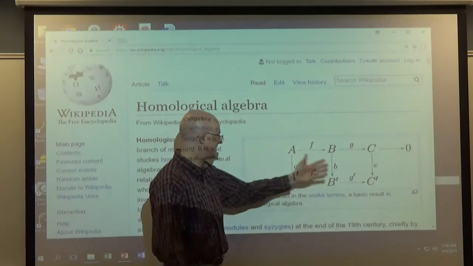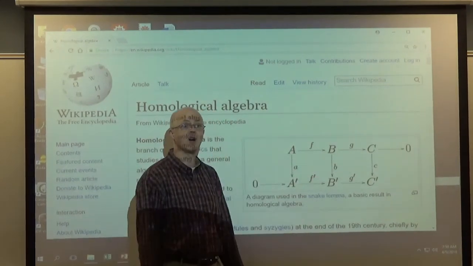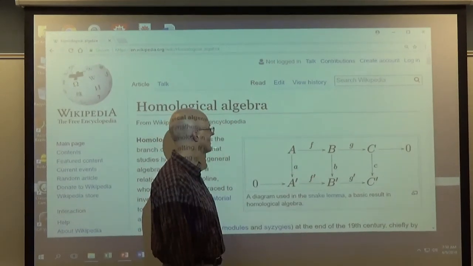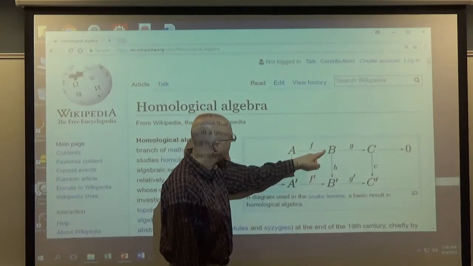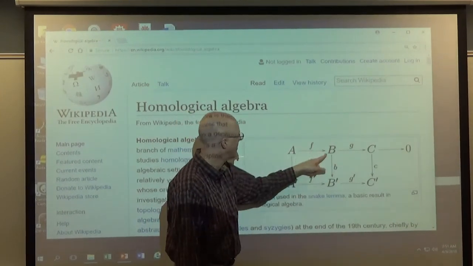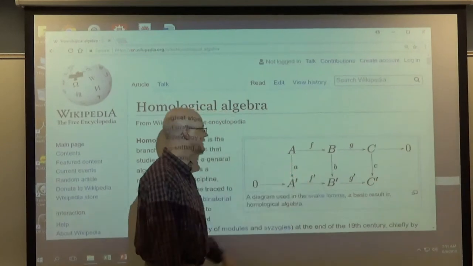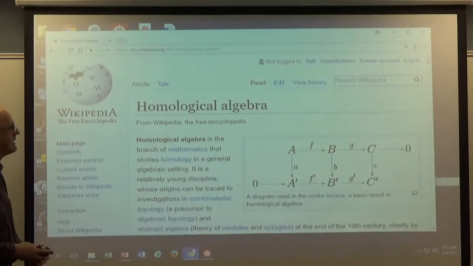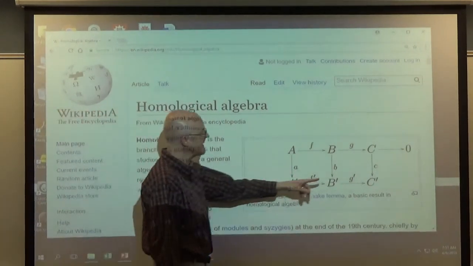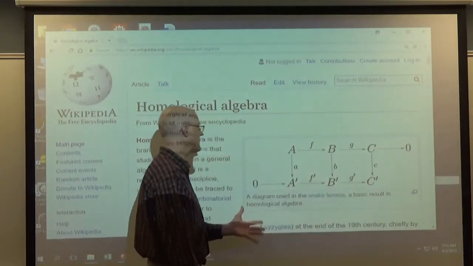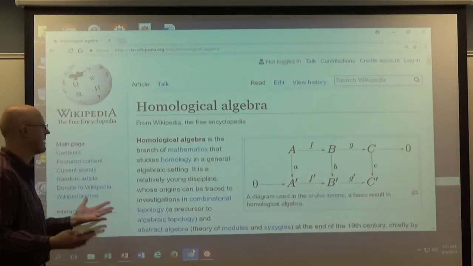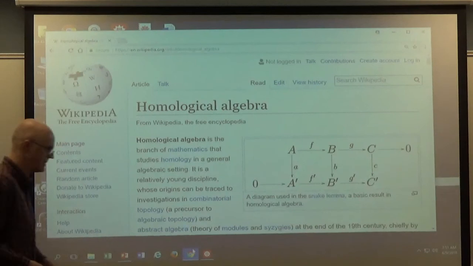You could get from A to C prime in another way, and you get the same function. That's the gist of a commutative diagram. You could apply F, then B, then G prime, or you could apply F, then G, then C. You're going to get to the same group in the end. And it's going to be, in fact, the same function no matter which way you go. The diagram commutes. Any way you go, you're going to get the same thing.